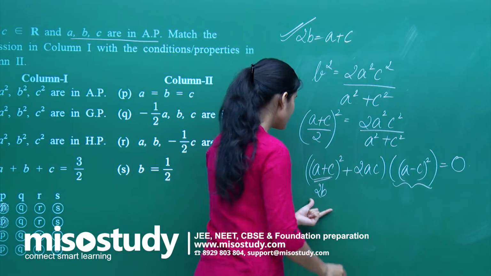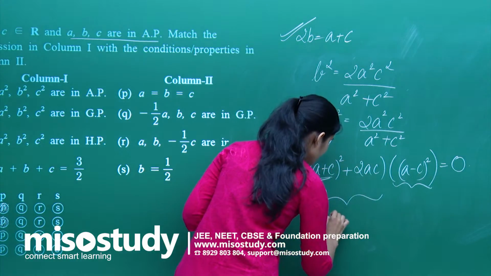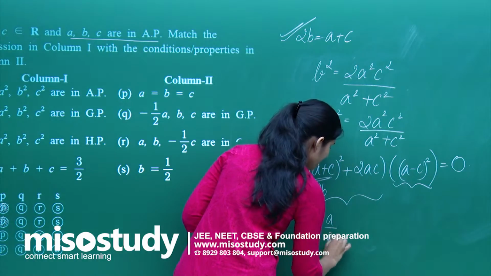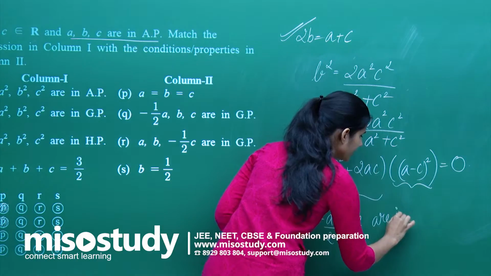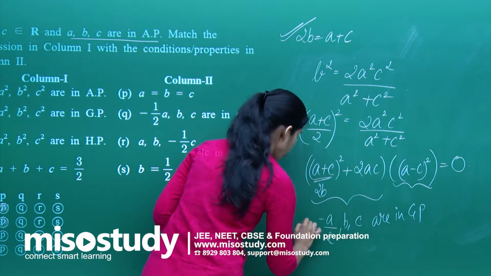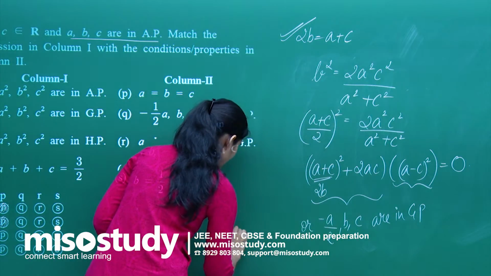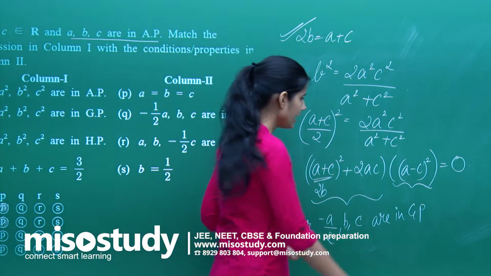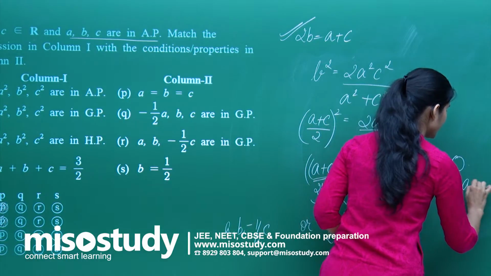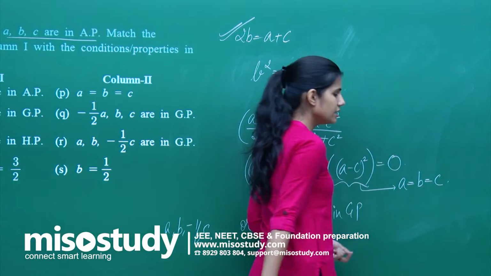So you are basically going to get that a, b, c or minus 1 by 2a, b and c are in GP, or a, b, minus 1 by 2 c are in GP, and from the other case you are going to get that a equals b equals c.